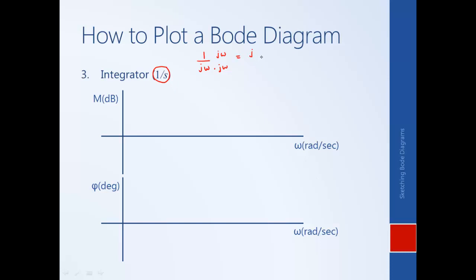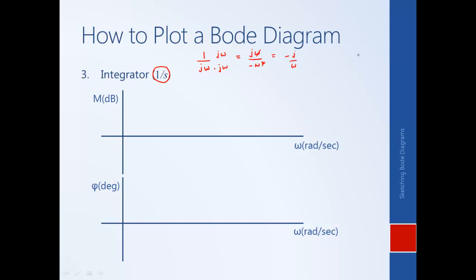So you get a numerator of j omega, and in the denominator you have j times j. J is the square root of -1, so when you square it, you get -1, and then omega times omega is omega squared. One of the omegas in the omega squared will cancel with the omega in the numerator, and we get negative j over omega.